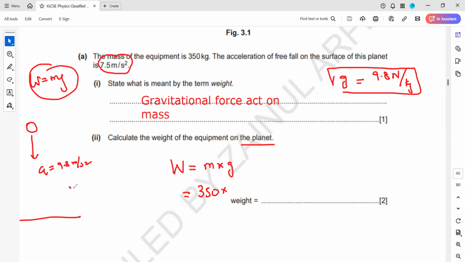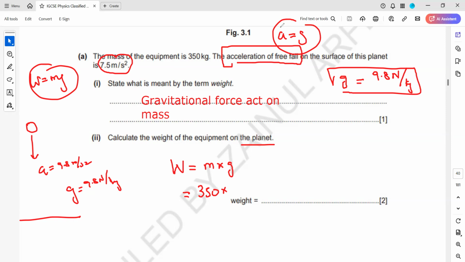This acceleration is equivalent to the value of gravity on Earth, which is also 9.8 newtons per kilogram. But with air resistance, the value of gravity and the value of acceleration will not match. So in the question, they mentioned the acceleration of free fall. Remember, acceleration of free fall is always equivalent to the value of gravity on the planet.